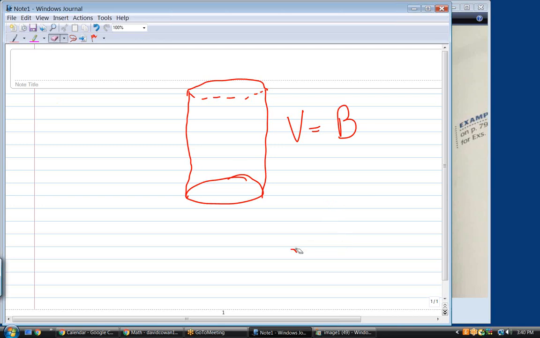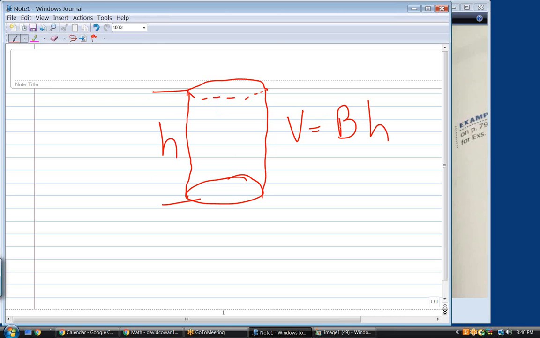In other words, if I have a rectangle and I want its area, this is base, that's height, I take base times height. Well, with a prism, you take base times height also, but the base is an area dimension. It means it's in square inches.